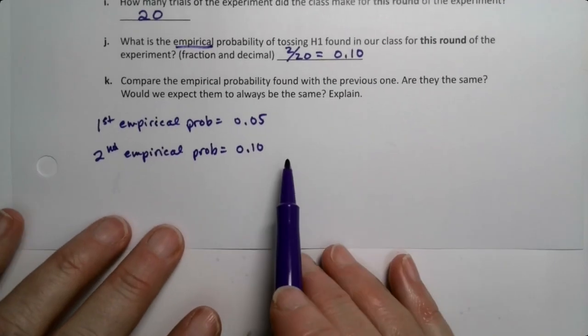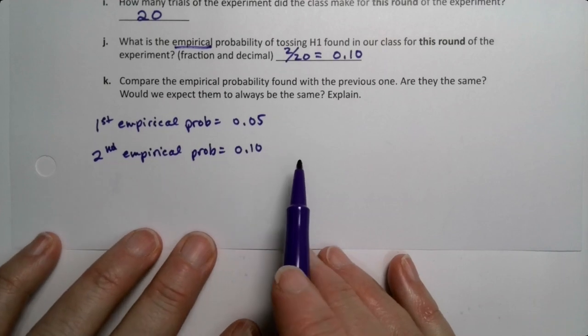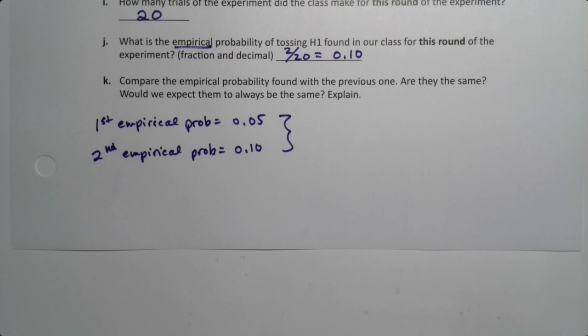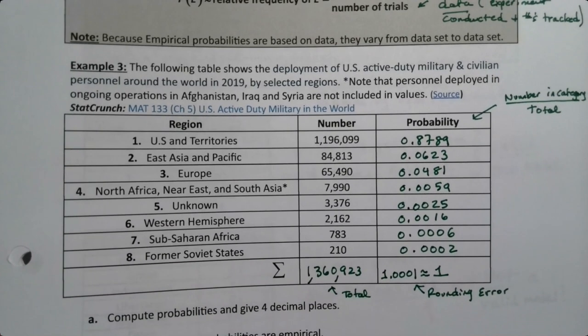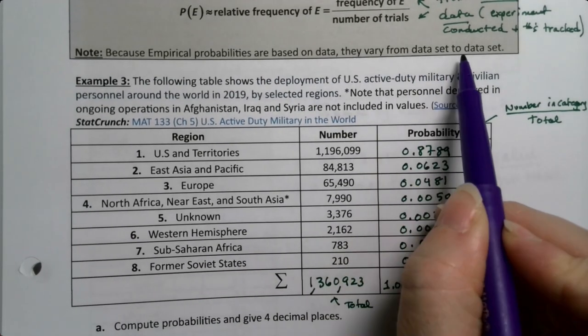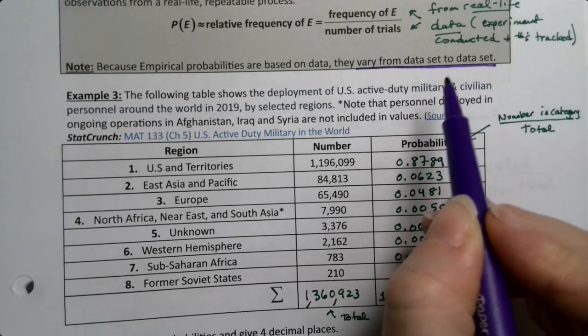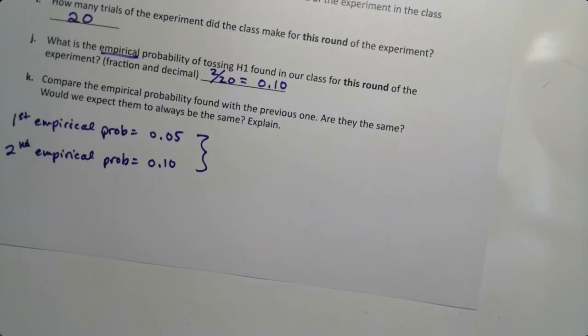It's not going to be perfect every time. And I mentioned this in the definition for empirical probabilities. Actually, let me back up real quickly. In the definition for empirical probabilities, it said they vary from data set to data set, right here. They're not always the same. Empirical probabilities aren't, because they're from real data.